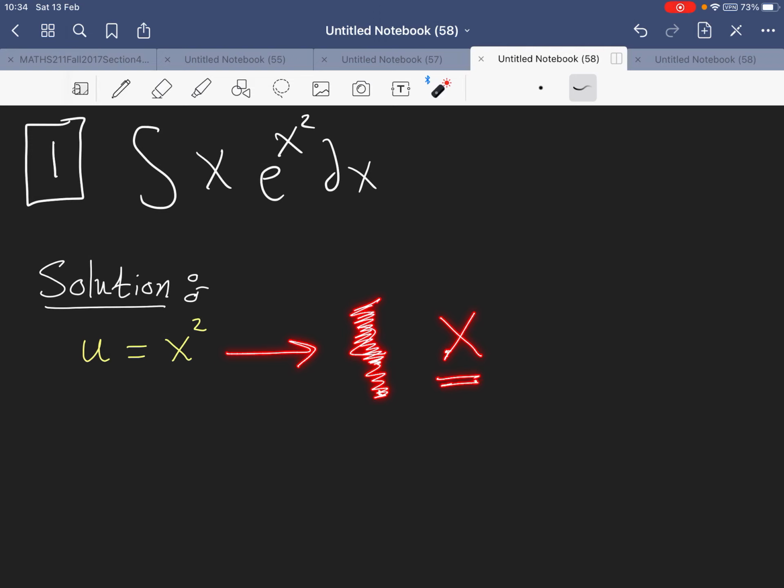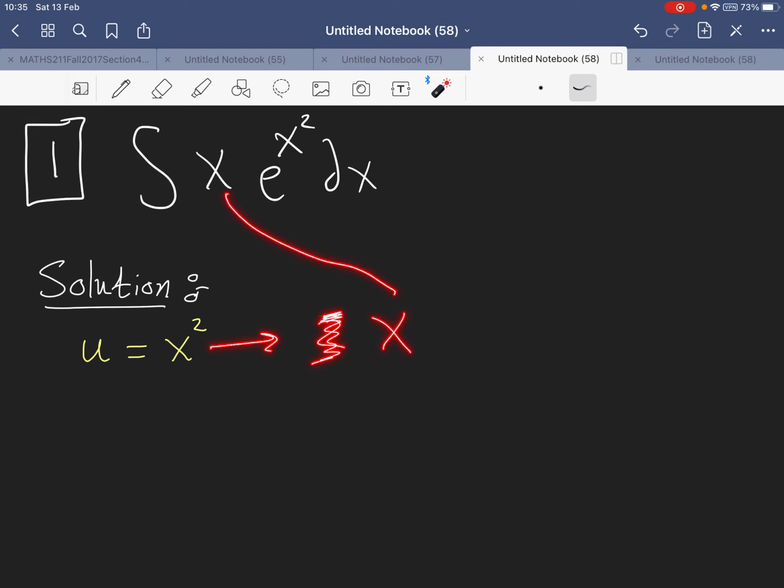Do we have x alone in the integral? Yes, we have it. It's here. So, by 99%, this substitution will work perfectly fine if we have the derivative of the inner almost there. What do I mean by almost? I mean we don't care about the numbers, the rest are already there.